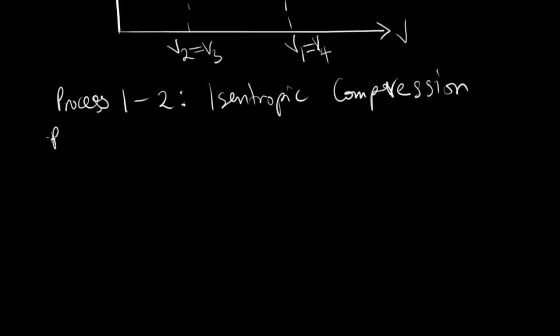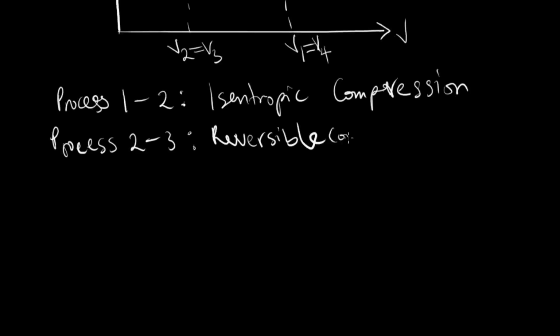So process 2 to 3 is none other than a reversible constant volume heat addition.